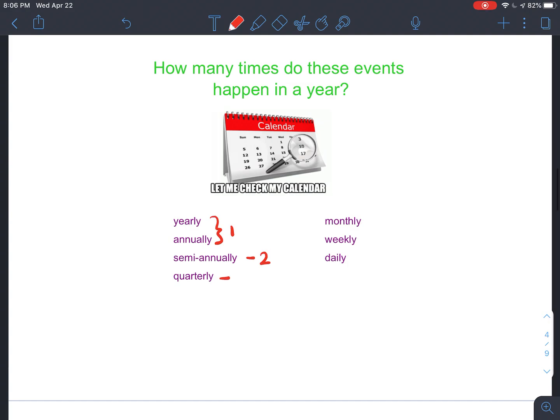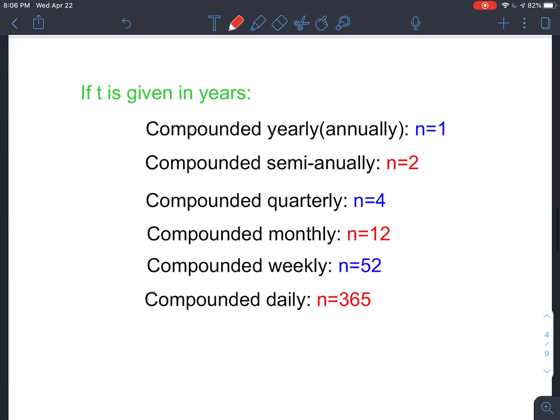So we should expect to be compounding interest 2 times in a year. Quarterly, 4 times a year, because we're breaking the year up into 4 quarters. Monthly happens 12 times in a year. Weekly happens 52 times in a year, and daily happens 365 times in a year, in most years at least.